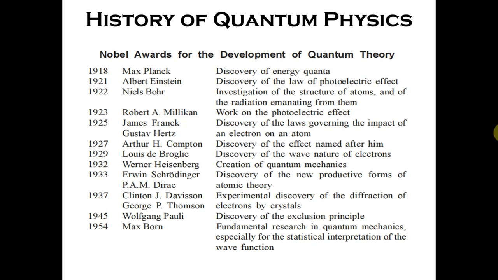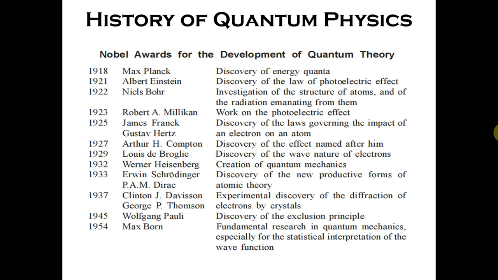These puzzling results created a crisis in theoretical physics. Quantum theory had its origin in the attempts made to explain these results. Radically new concepts were required which were completely incompatible with the classical ones. These new concepts are the particle nature of radiation, the wave nature of matter, and the quantization of physical quantities.